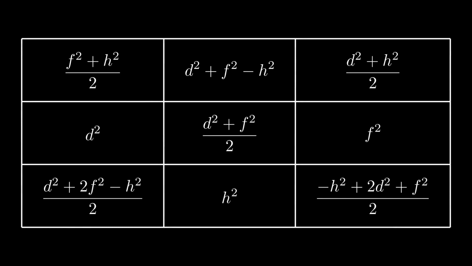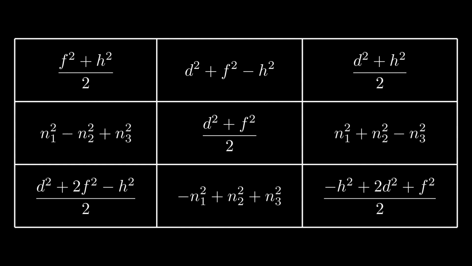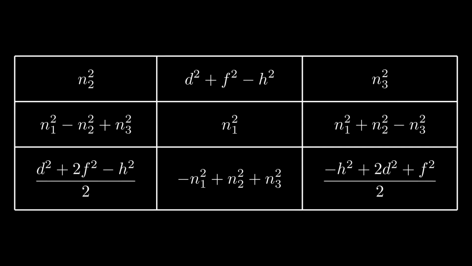Now going back to the dfh table, I now know 6 out of the 9 substitutions to make to get them only in terms of the n variables. And since I already know what d, f, and h are in terms of only the n variables, it's relatively easy to convert all the other cells.